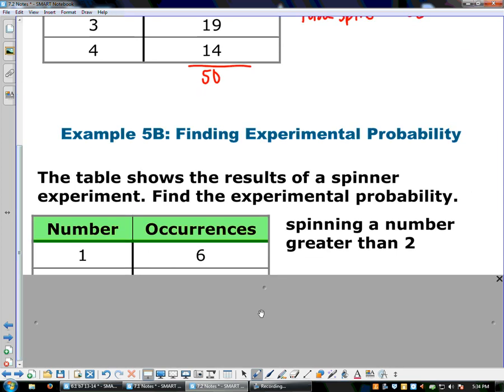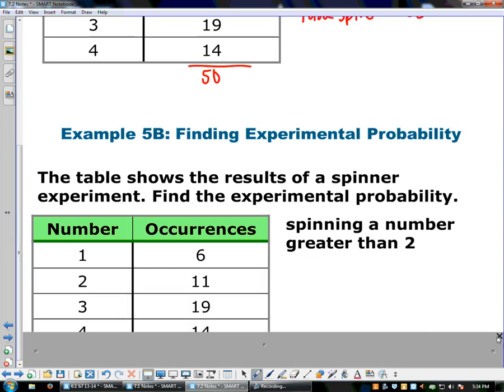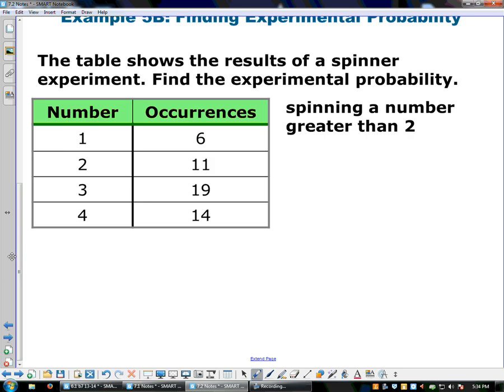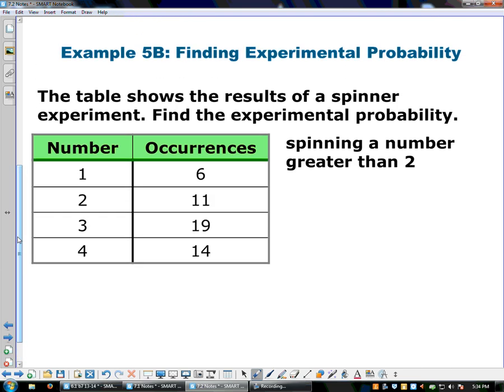All right, so that brings up example 5b, also a spinner experiment. This time we are finding the experimental probability of spinning a number greater than 2. So a 1 showed up 6 times, 2 showed up 11, and so on.